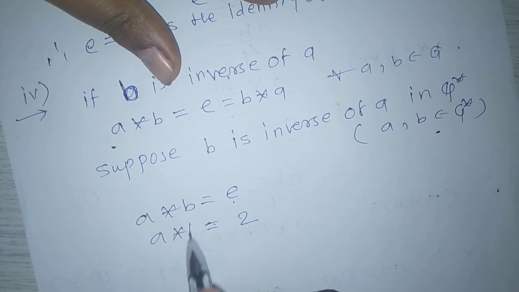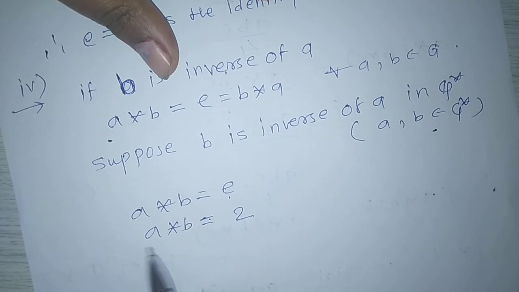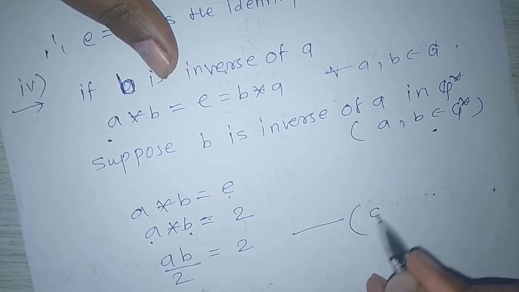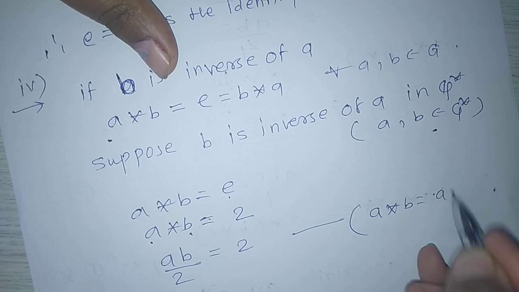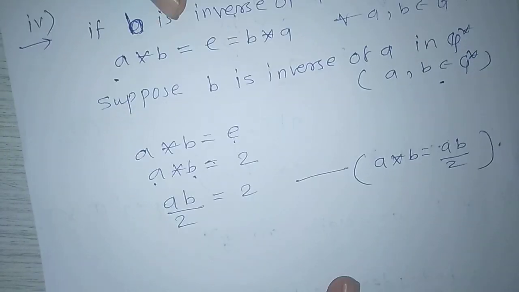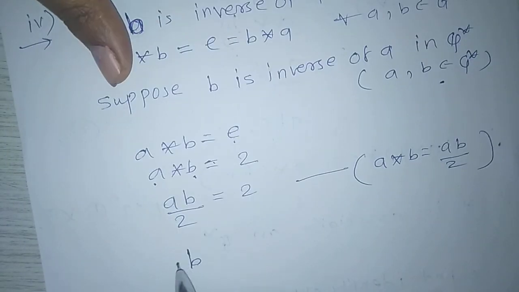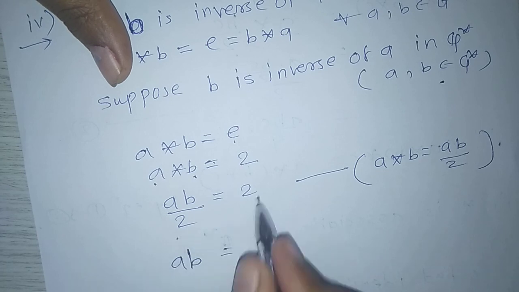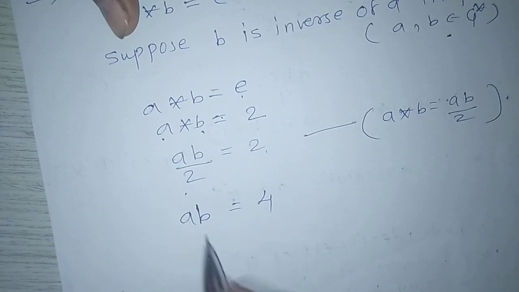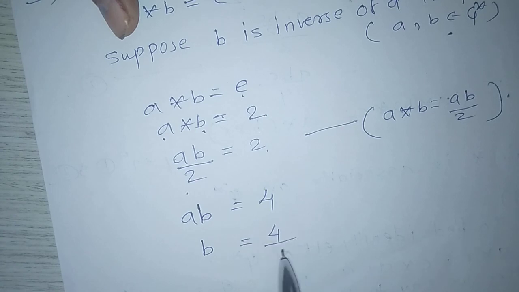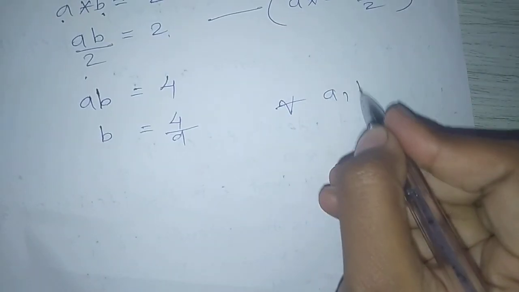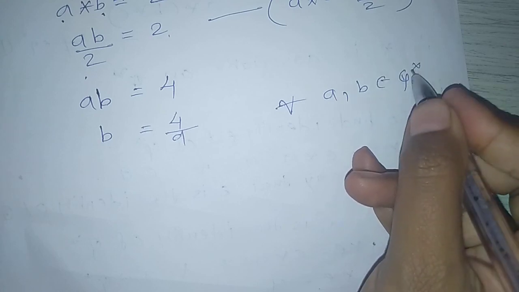By definition of star, A star B equal to AB upon 2, which is equal to 2. A star B equal to AB upon 2 means AB equal to 2 into 2, which is 4, and B equal to 4 upon A, for all A, B belonging to Q star.